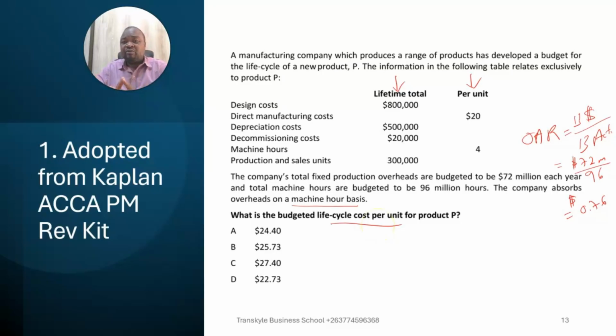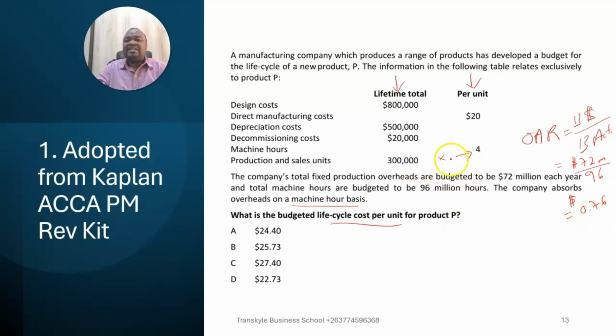So your duty now would be to determine how many hours are actually used, which is a product of 300,000 units which are going to be produced, multiplied by 4 hours. Then you get the total number of hours, which you then multiply by the overhead absorption rate.